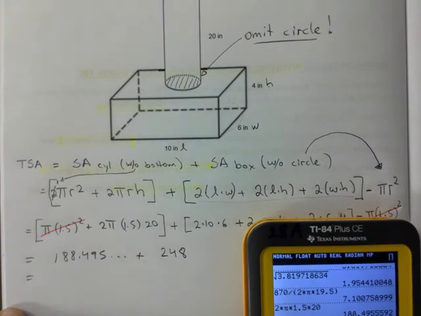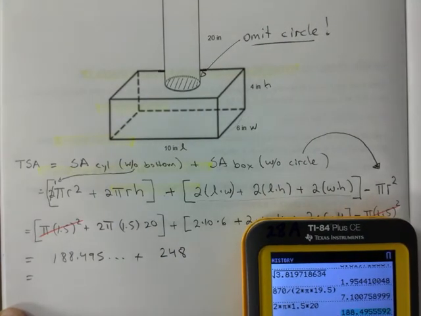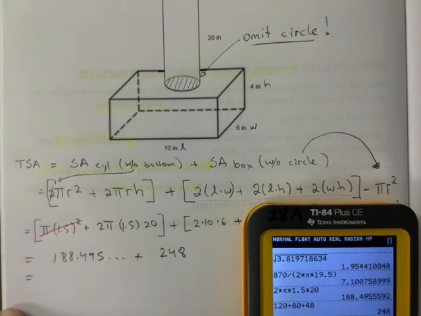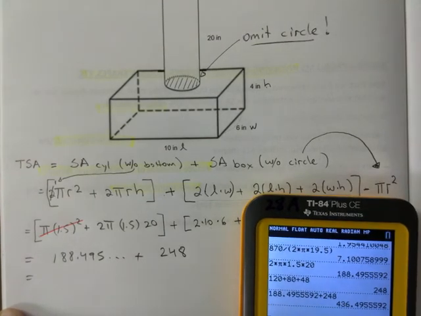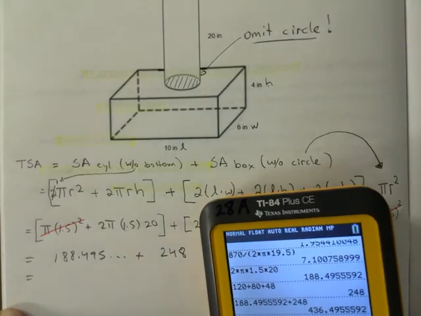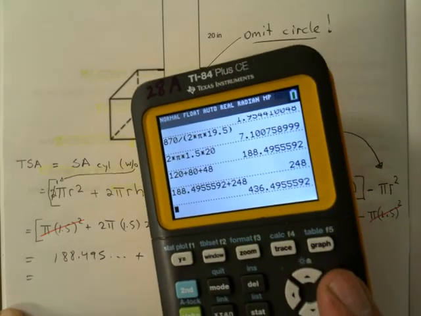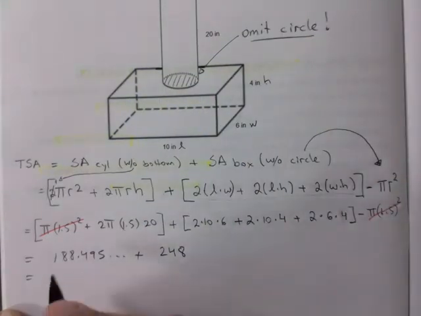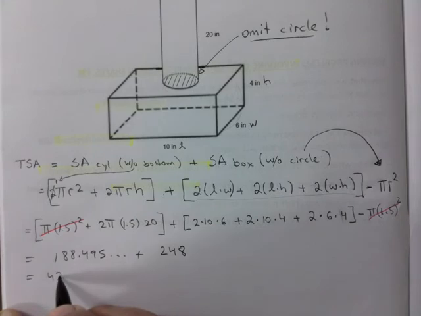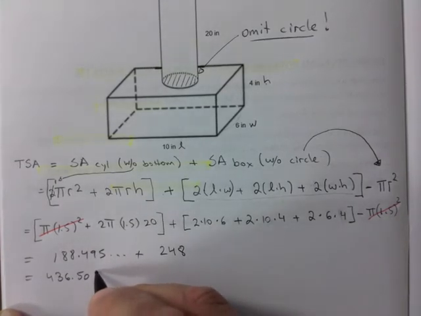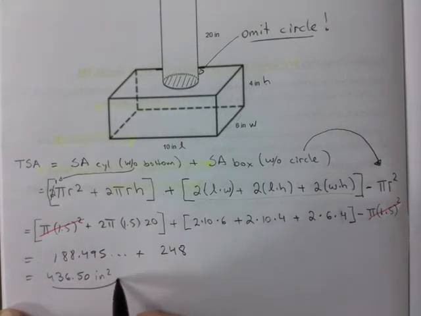So I'm going to just add them up. It's easier to just, so 436.50. 436.50. And we are in inches, squared inches.